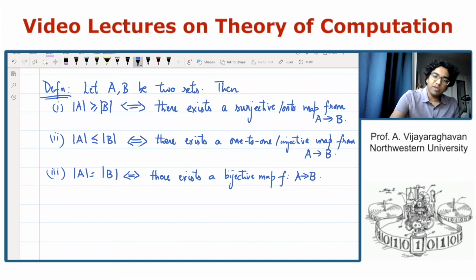Remember that a bijective map is both one-to-one and onto.